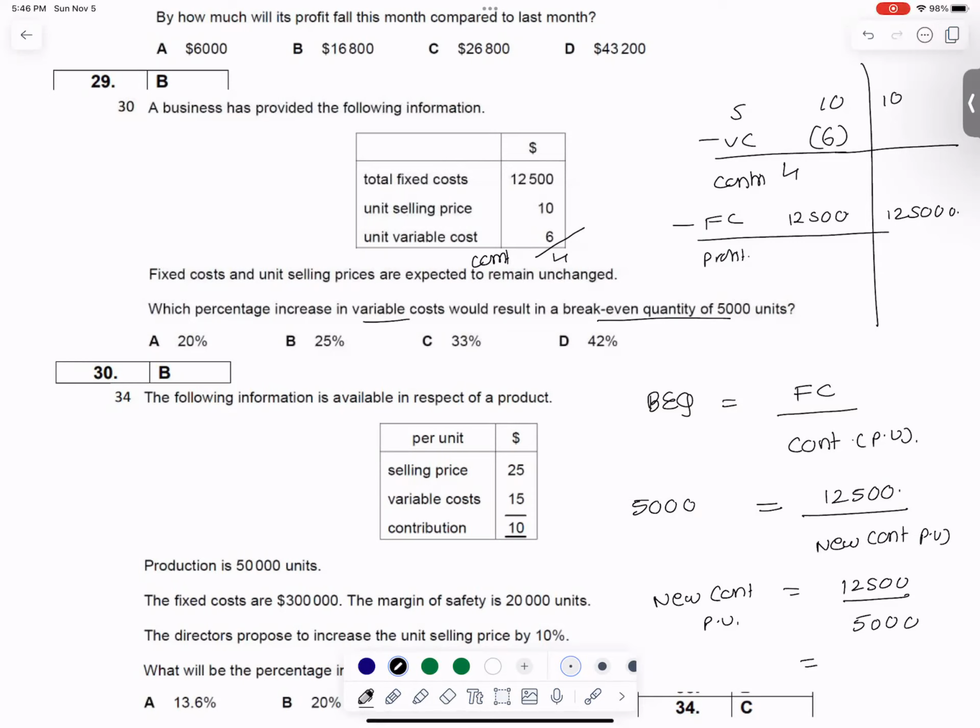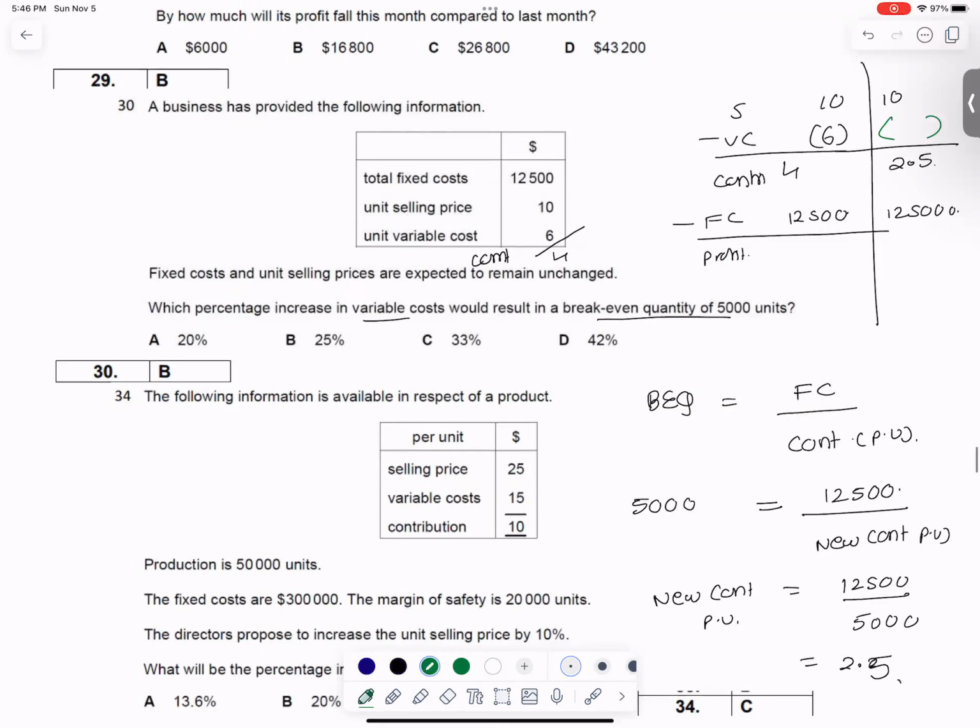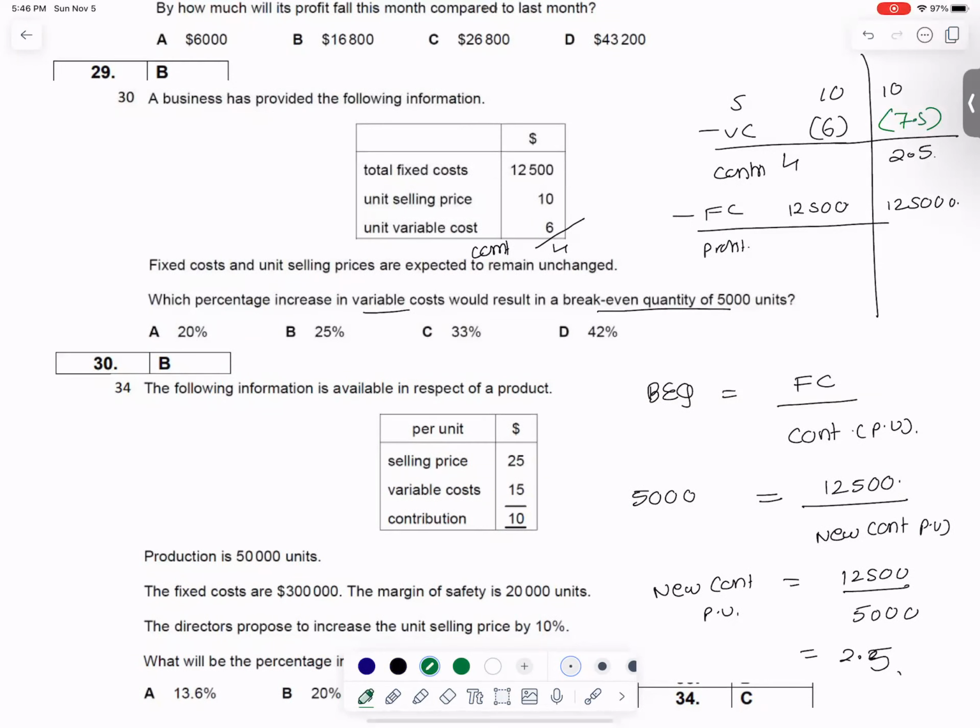So new contribution per unit is 2.5. So what should be the new variable cost? 10 minus 2.5. So new variable cost will be 7.5.